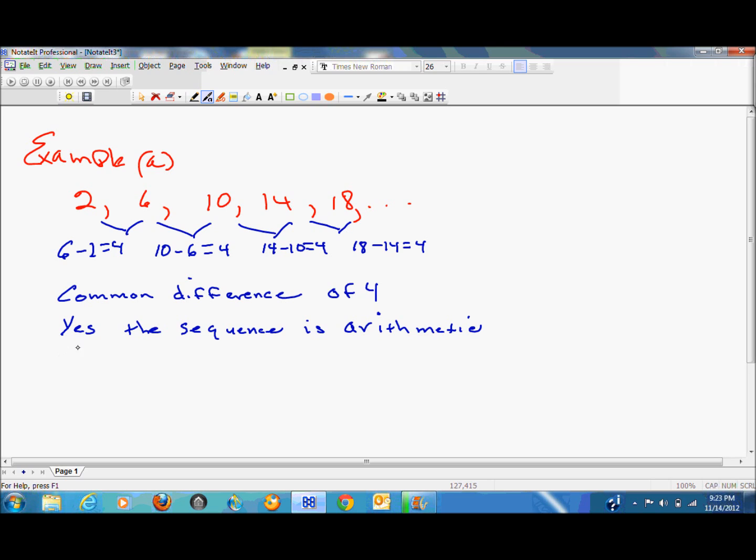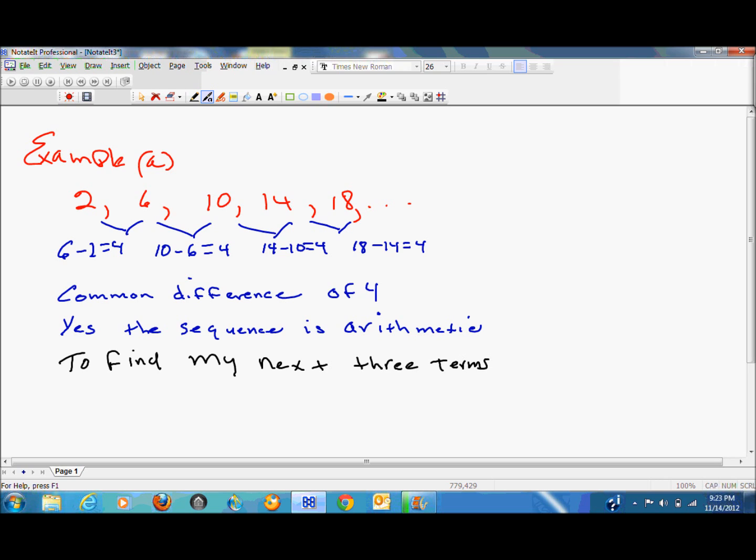So if I see my difference is 4, by subtracting the first from the second, I can add my common difference. So I'm going to find my next 3 terms.